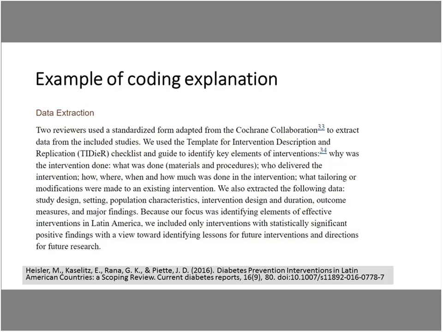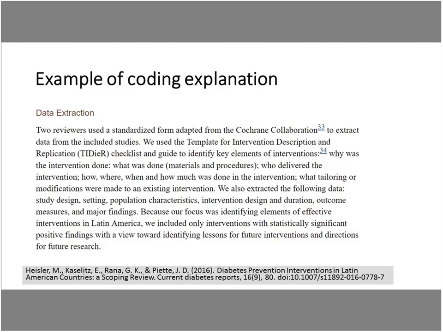And then they list things very generically here. I think it would have been better to be more specific, but they do. The wording they're using here comes directly from the TIDieR list, which I'll show you in just a minute. So they describe overall the types of characteristics they were looking for.